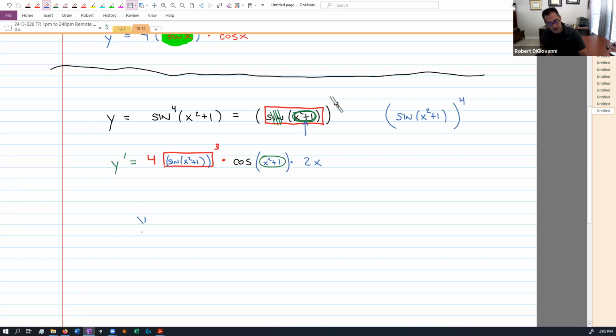Leibniz would say, okay, y is equal to something to the fourth power, that's all of this to the fourth. And then Leibniz would say, well, what's inside this u is actually sine of some other junk, so he would call that maybe w. And then what's the thing inside the sine? Well, the w is x squared plus 1.